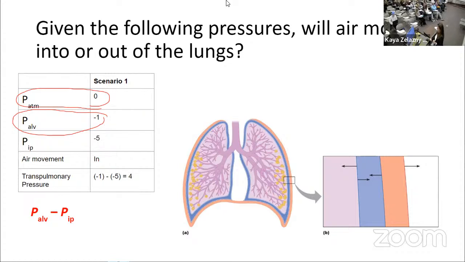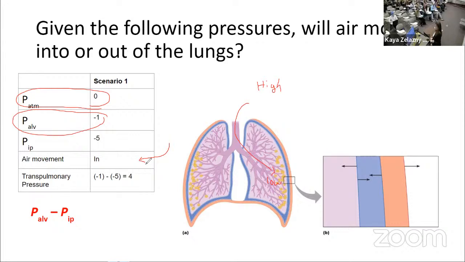Okay, so our pressure gradients work the same as all the other gradients that we've seen in this class. So we have movement from high to low. So in this case, 0 is our high number. And we're moving towards those alveoli because we have that negative number, that lower number. Okay, so this is how we figure out that this is inspiration, inhalation, air is moving into the lung.